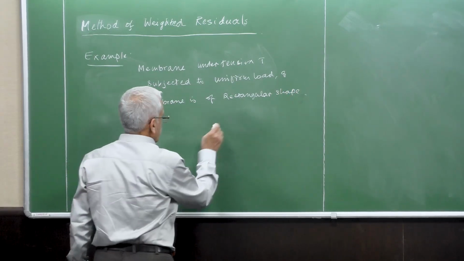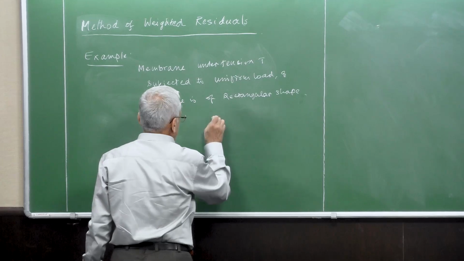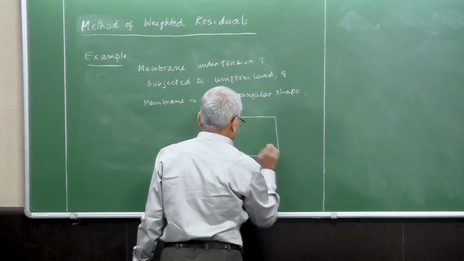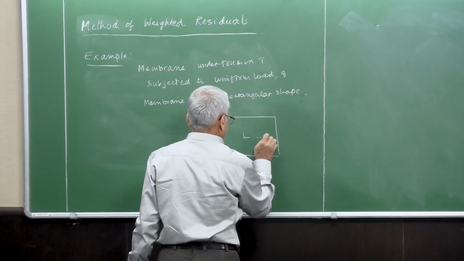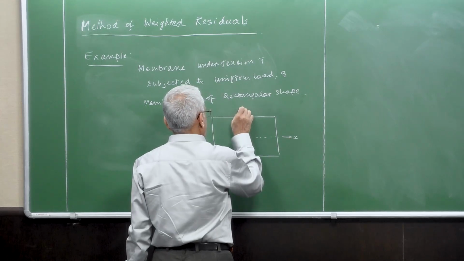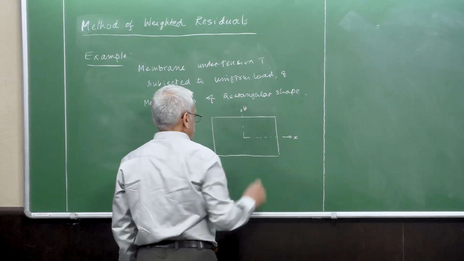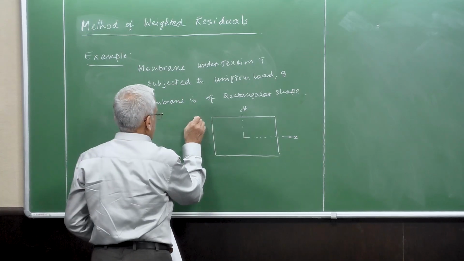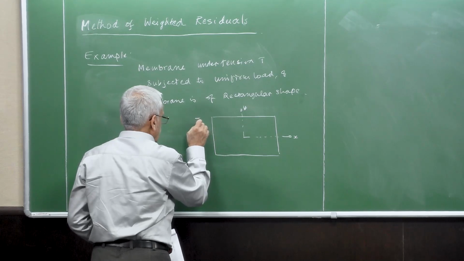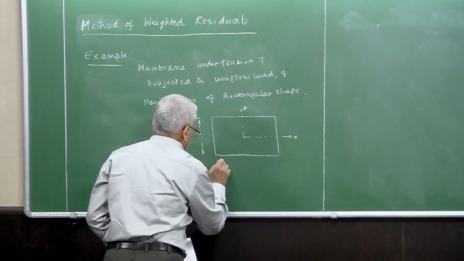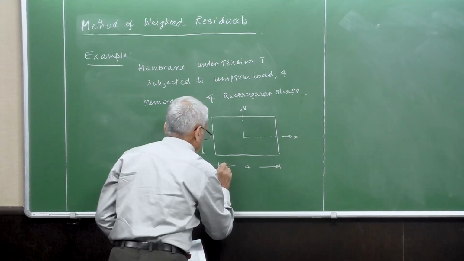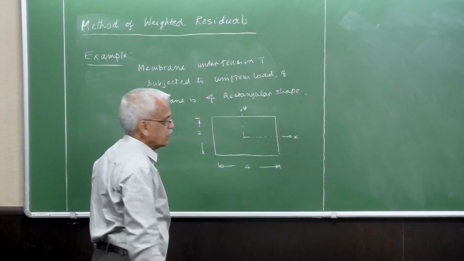So in the rectangular shape, what we mean is that it is of size 2 in this direction and 4. Okay.